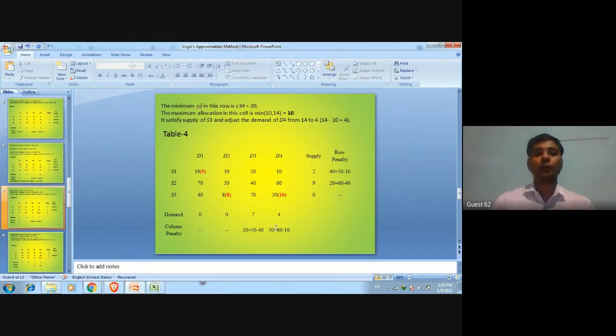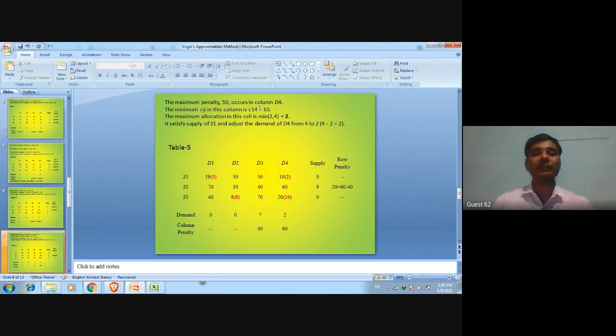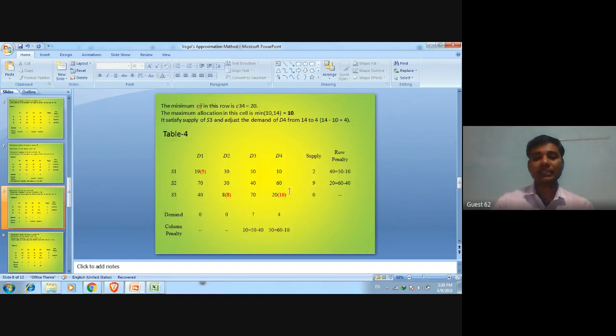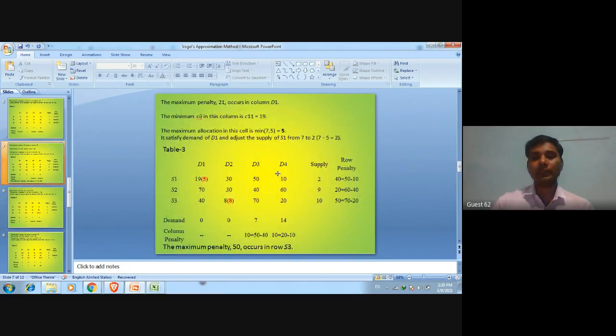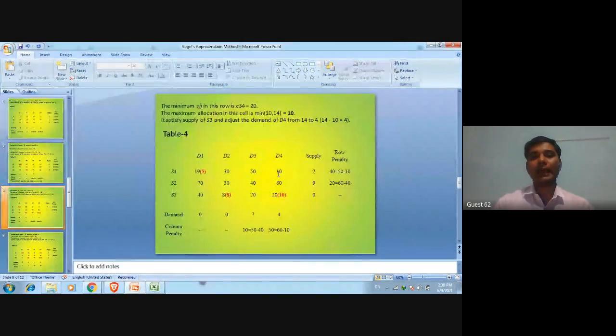Okay. So the maximum penalty 50 occurs in column D4. So we will select the column D4.